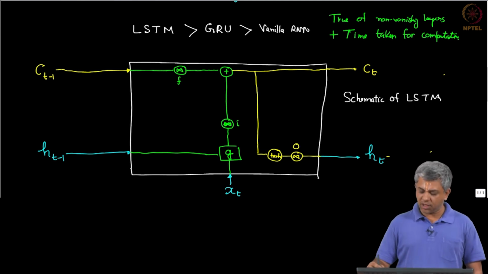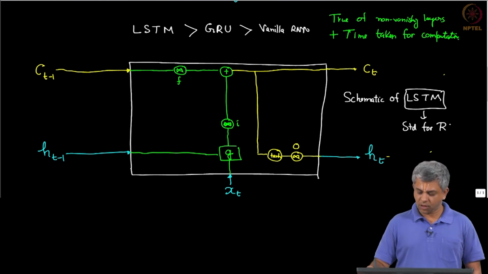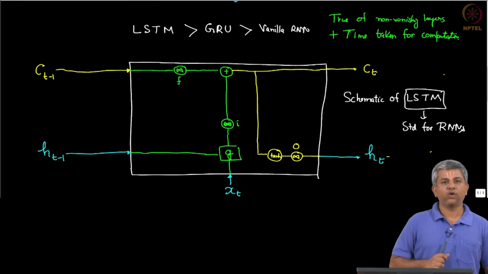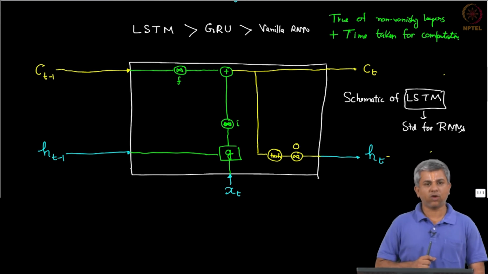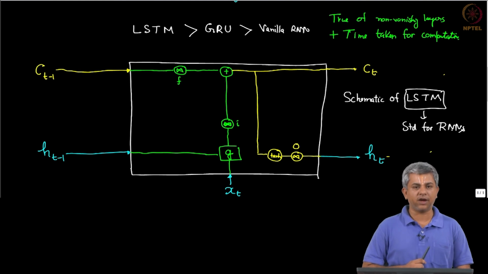So, LSTM is the industry standard for RNNs. You can blindly use LSTM more or less today for any RNN task that you see fit. A warning is that it takes a long time to train for most of the language tasks that we are interested in. Thank you.